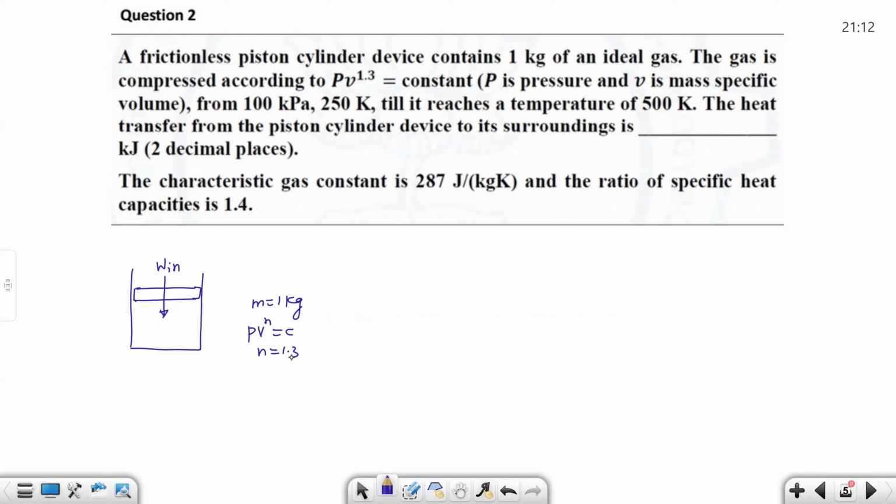So from the initial pressure of 100 kPa and initial temperature 250 Kelvin till it reaches the final temperature of 500 Kelvin. Find the heat transfer from the piston device to its surroundings.